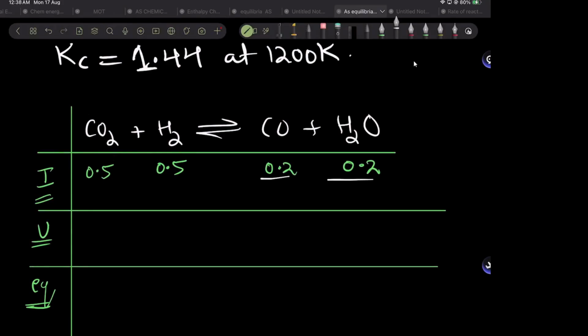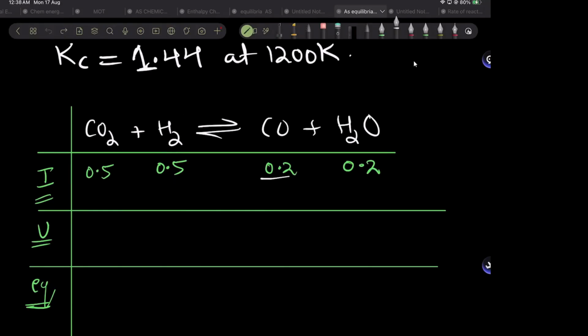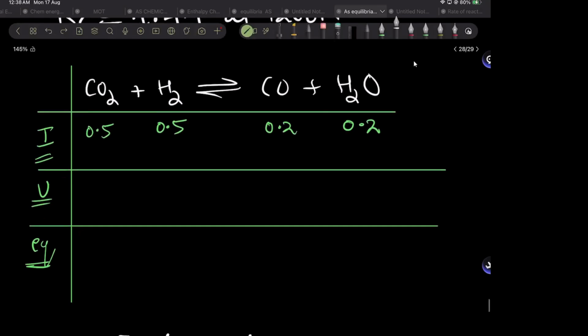These were already added to the container, but these two reactants have to react and form more of this, right? So the equilibrium amount would be larger than the initial moles. At equilibrium, we'll find more moles than the initial moles, right? I know that the balancing of this equation is 1, 1, 1, 1, right?